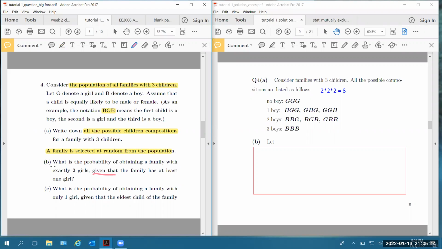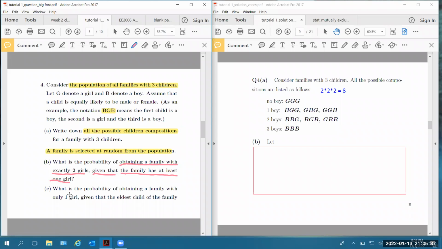Now look at the structure of the question. What is the probability of obtaining a family with something, given that another thing, the family is like that.